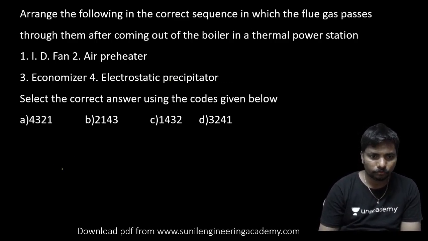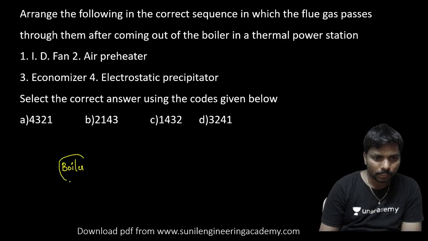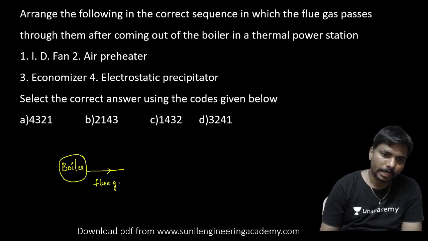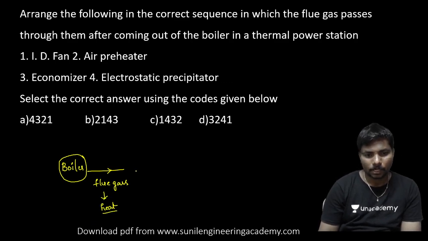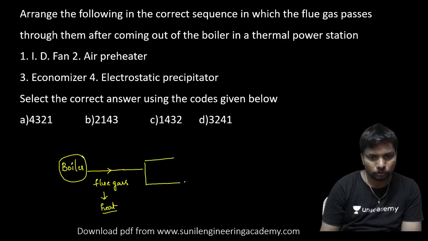Okay, so first of all, from the boiler you are getting flue gases. Flue gases have the heat. Okay, and these flue gases will flow through, first of all, the superheater.